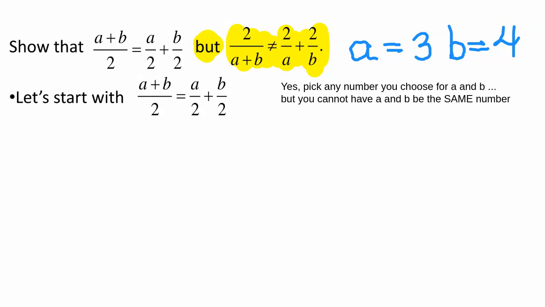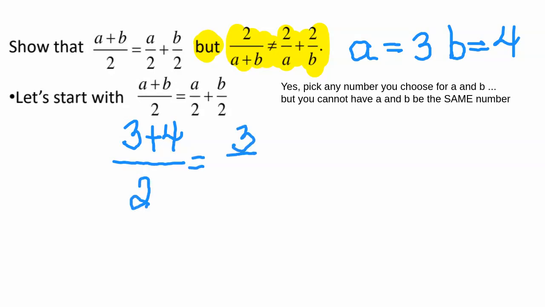We are going to write this first fraction as 3 plus 4 with a 2 on the bottom. And then I'm going to write 3 over 2 plus 4 over 2.